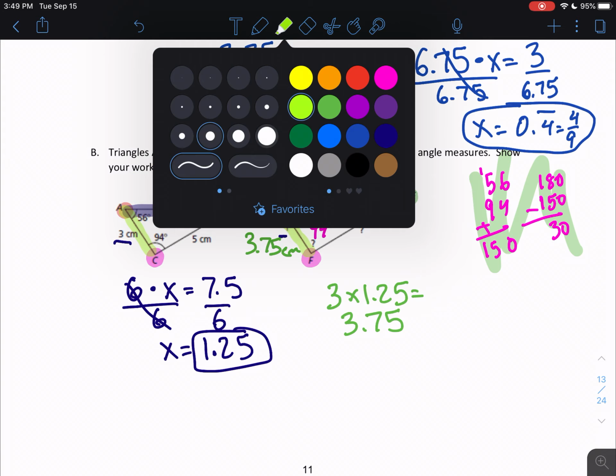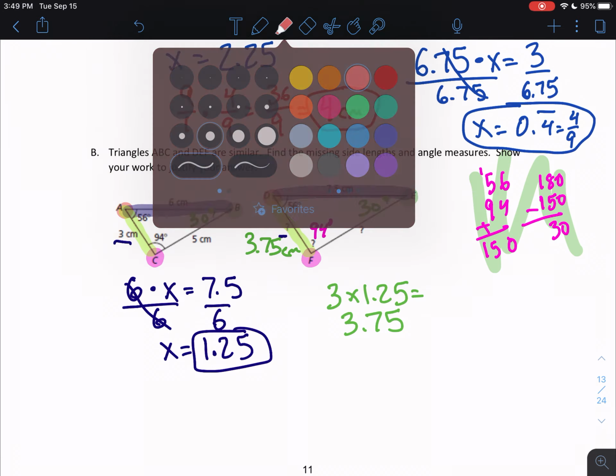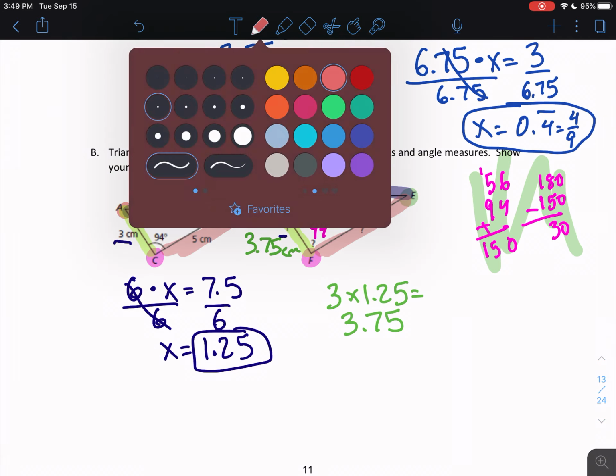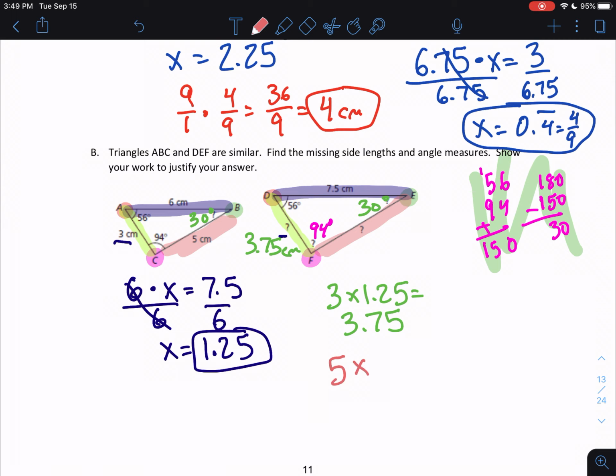And then 5 centimeters times our scale factor of 1.25. So 5 times 1.25 equals 6.25. All right, so that's that.